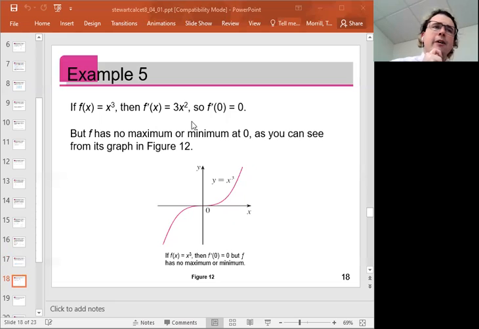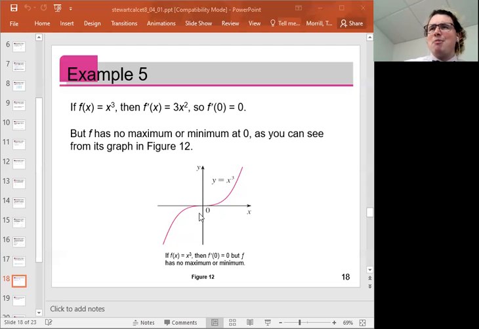Is x equals 0 a maximum value of this function? No, it's not. I just look at the picture here. 0 cubed is 0, and there's plenty of places on the graph where the function was greater than that, even nearby, right? If I'm really close in to 0, there'll be some positive numbers to the right of that. They will cube, and they'll still be greater than 0.